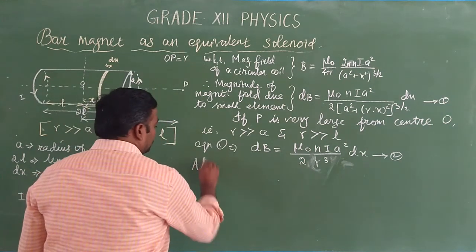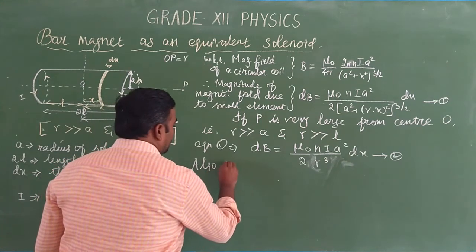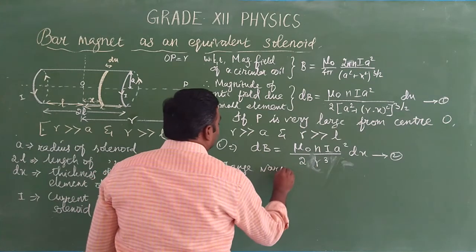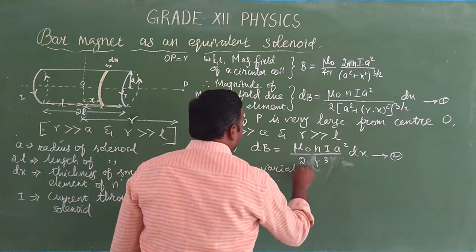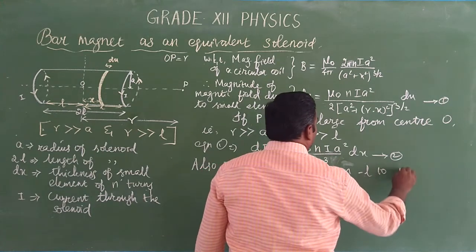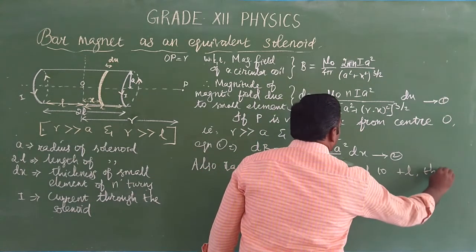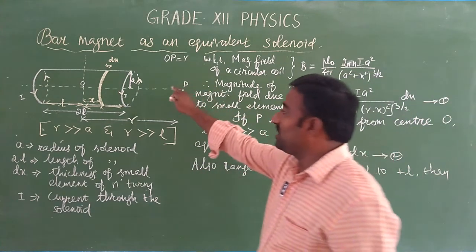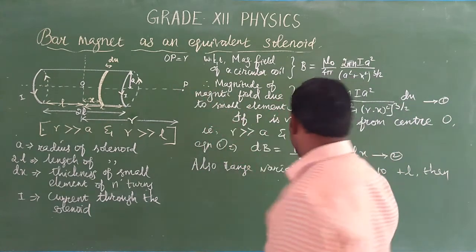Also the range of variation is from minus L to plus L. Then what will be the total magnetic field of the solenoid about an axis at a point P?